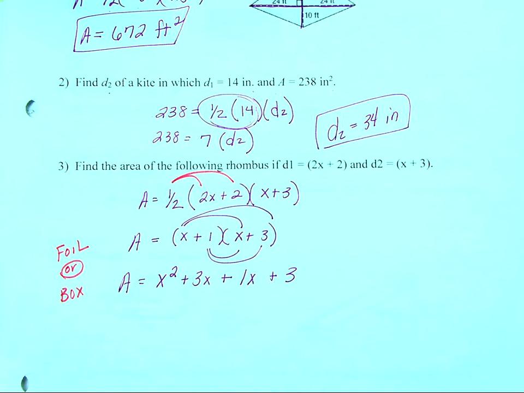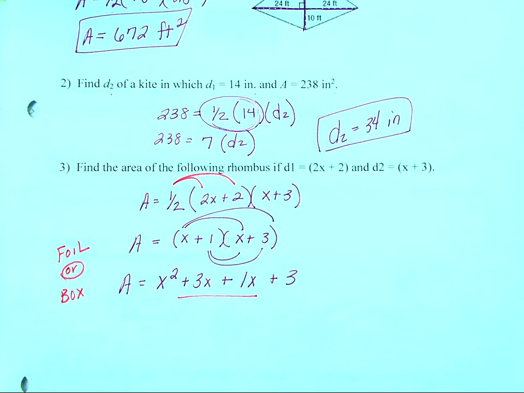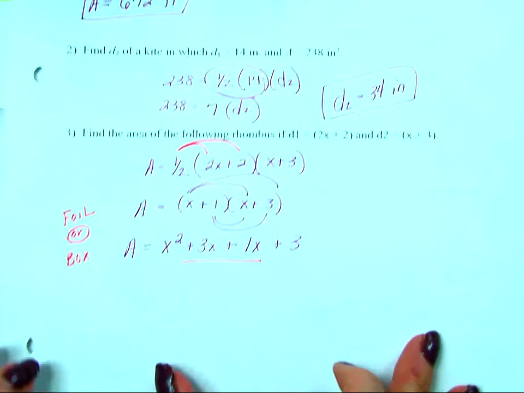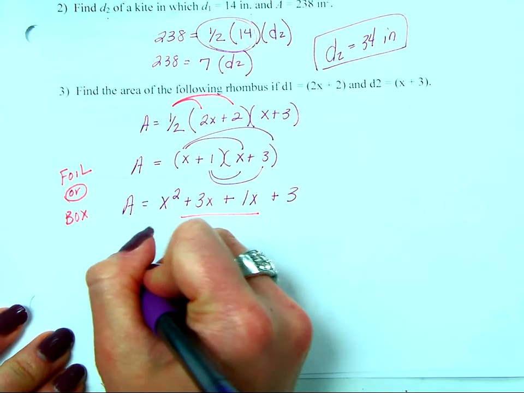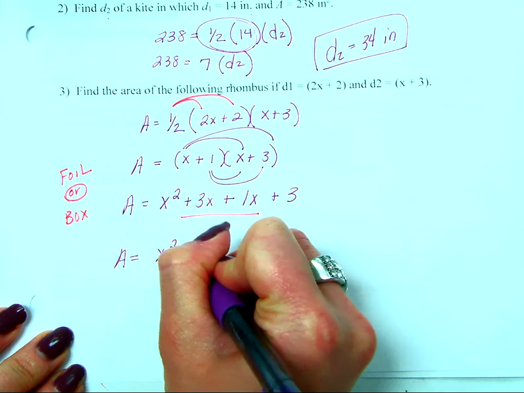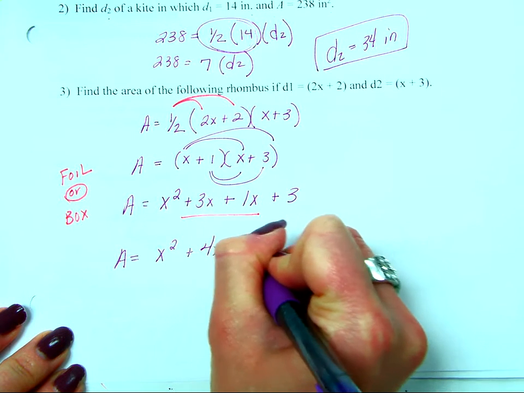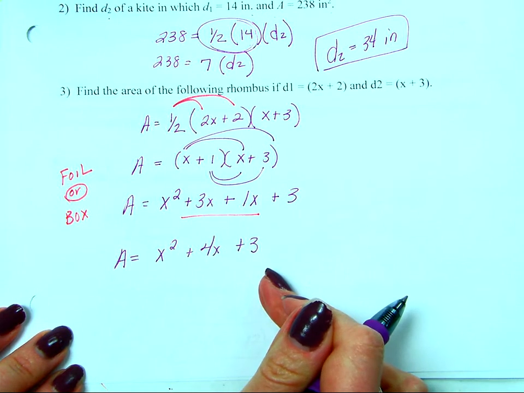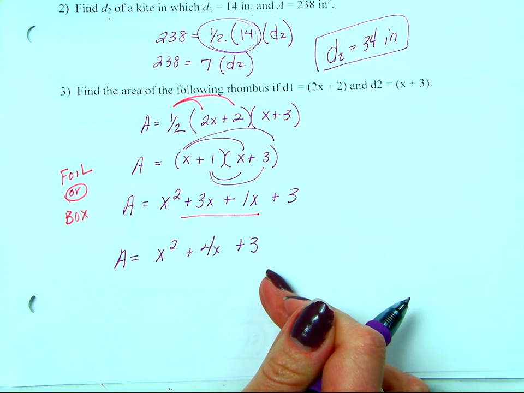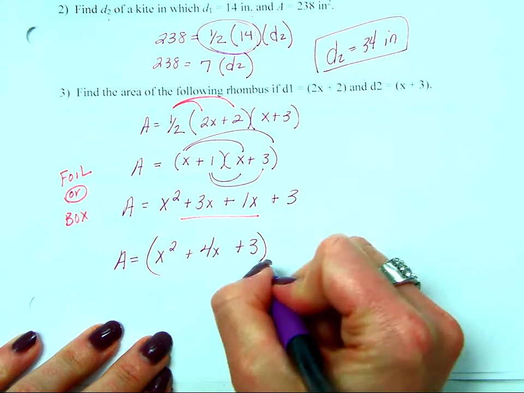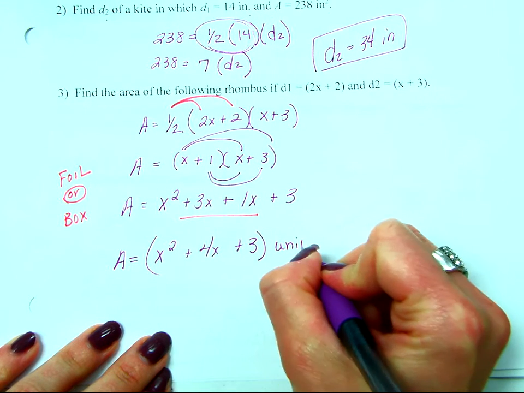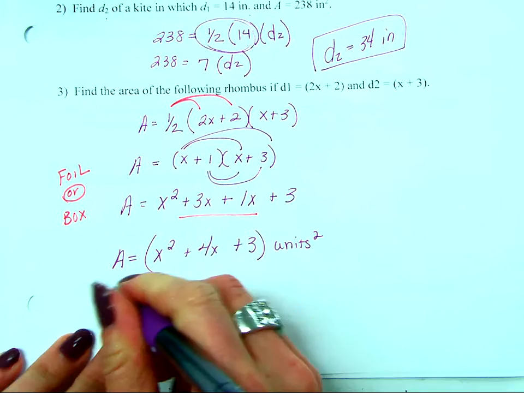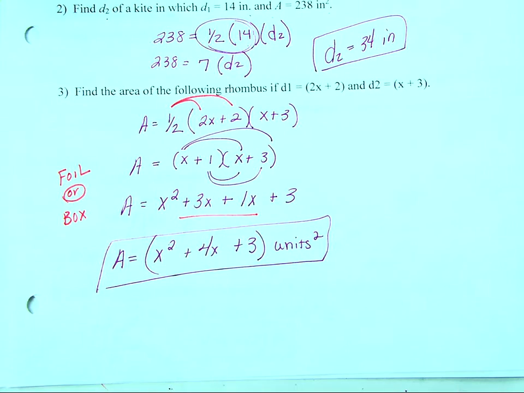And like in most cases, I can do a little bit of simplifying. I'm going to give my final answer as x squared plus 4x plus 3. This is area, so this would be in units squared. Now, again, I might put parentheses around there just to separate my answer from my label, but I don't have to.